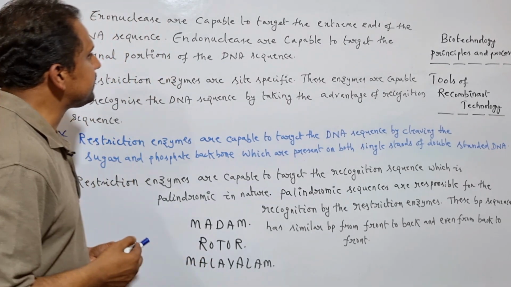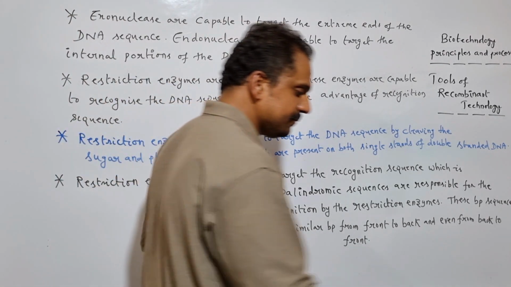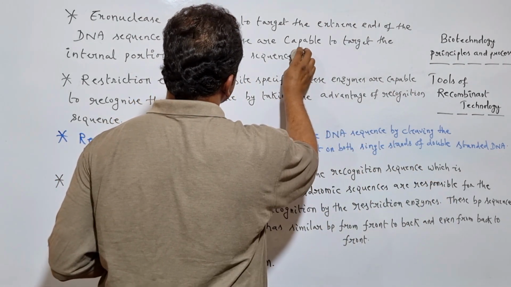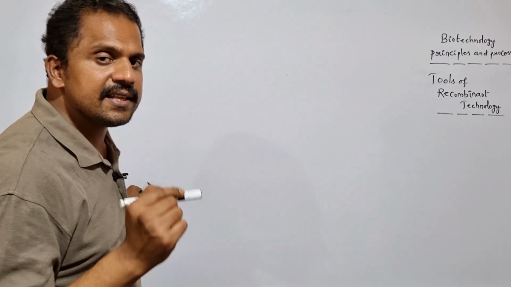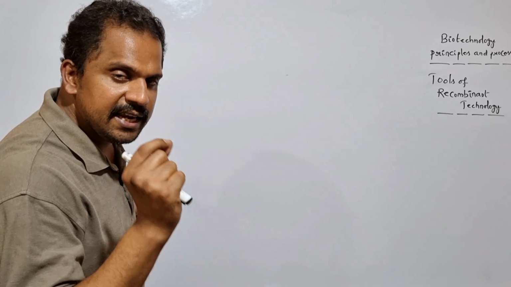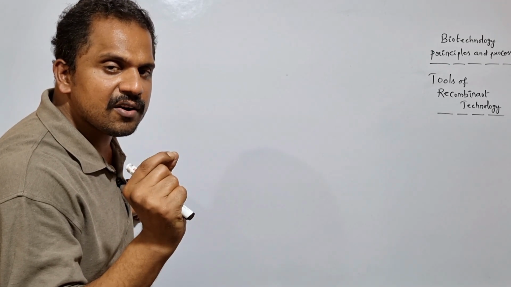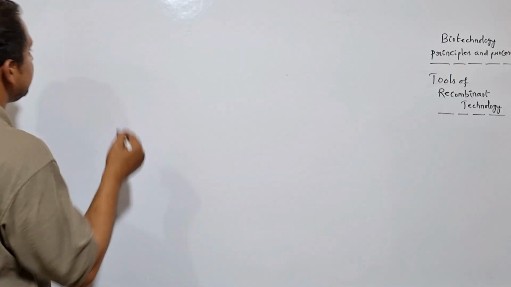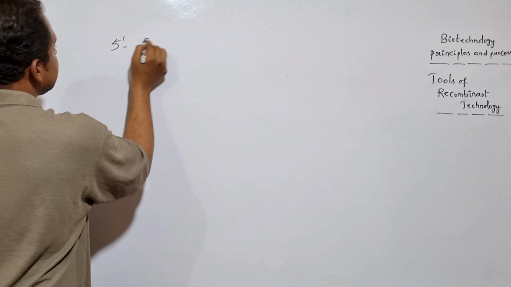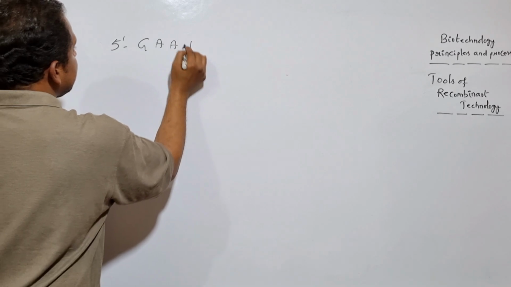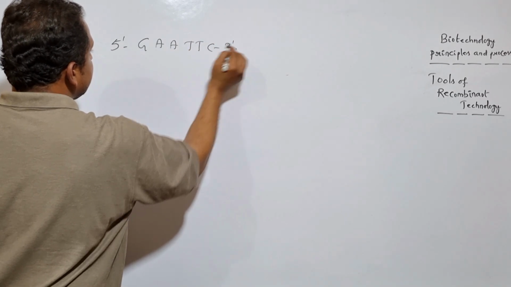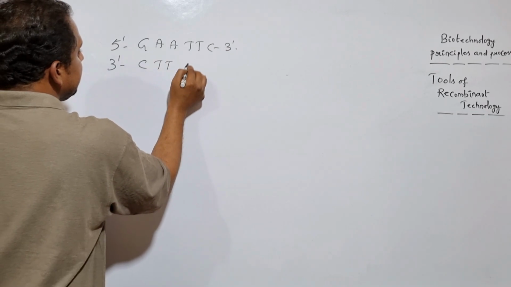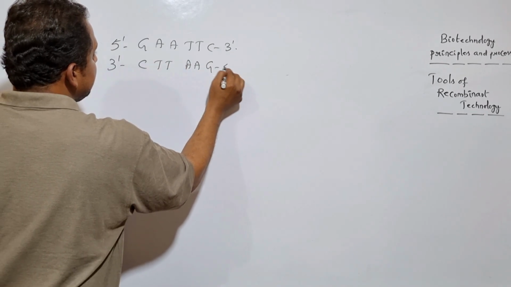So let me arrange the things here. In order to understand the nature of the palindromic sequence, we can take the advantage of one of the common examples which is mentioned in your NCERT. If we consider 5' GAA TTC 3', and here it is 3' CTT AAG 5'.